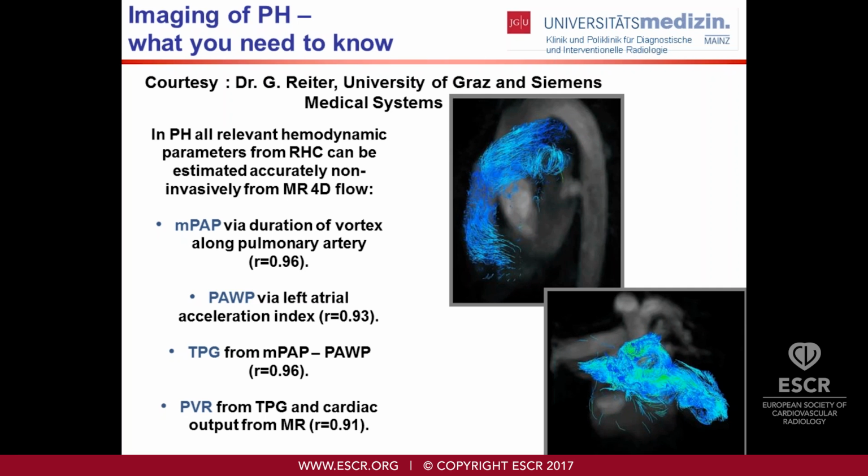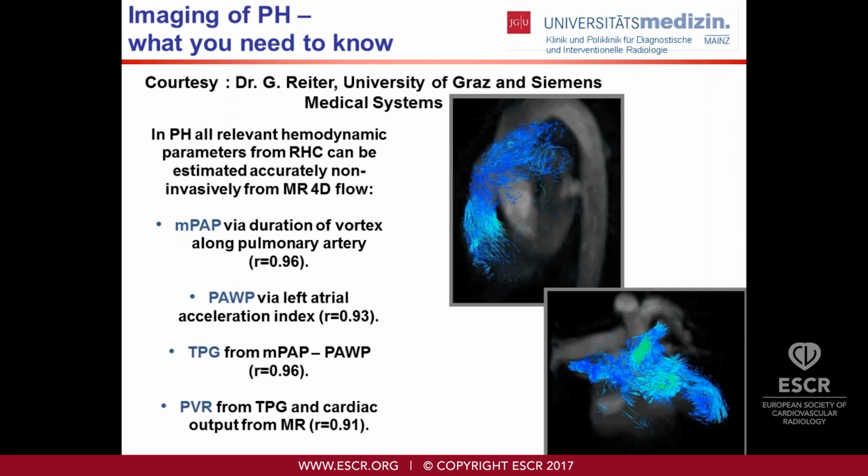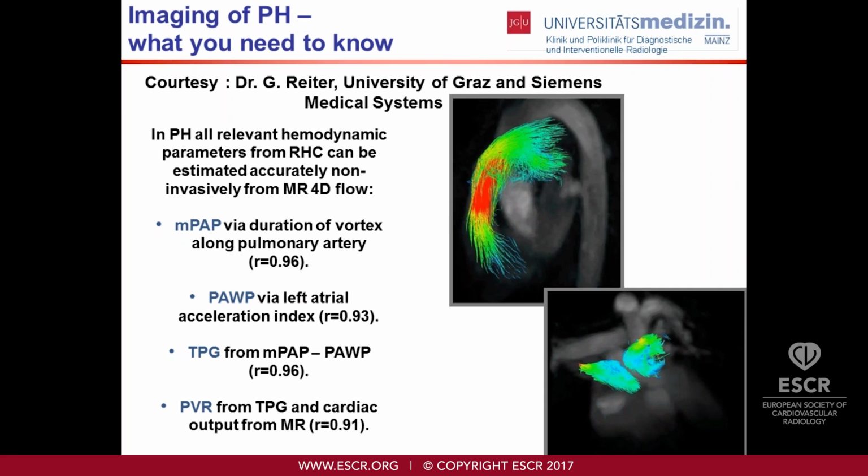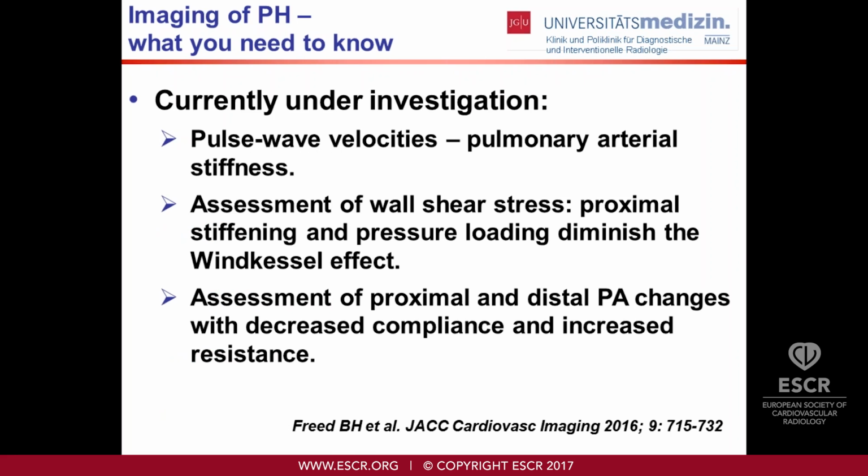We have insights into the amount of stiffening of the vessel and the reduction of the Windkessel effect in these cases. And if we can assess these findings, we can also monitor or document the influence of modern drugs leading to an improvement of the hemodynamic situation in the individual patient. But this is currently under investigation.